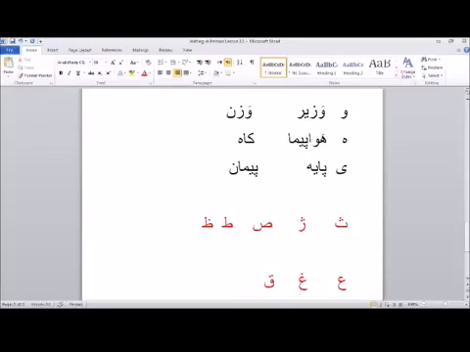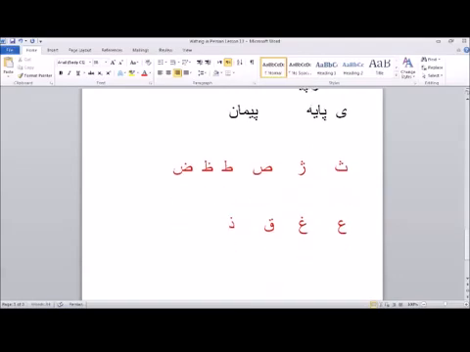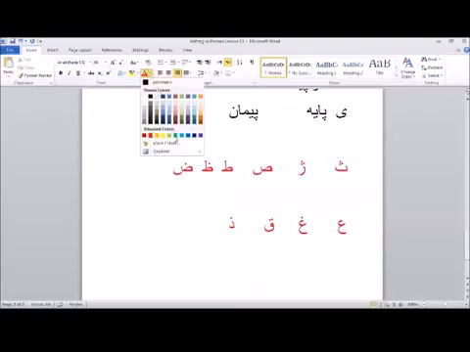And finally we have a za, and it's pronounced z. So this one and this one and this one and also this one I forgot to write down, they have the same. Let me go here, and I write them in green so that you can notice the differences.